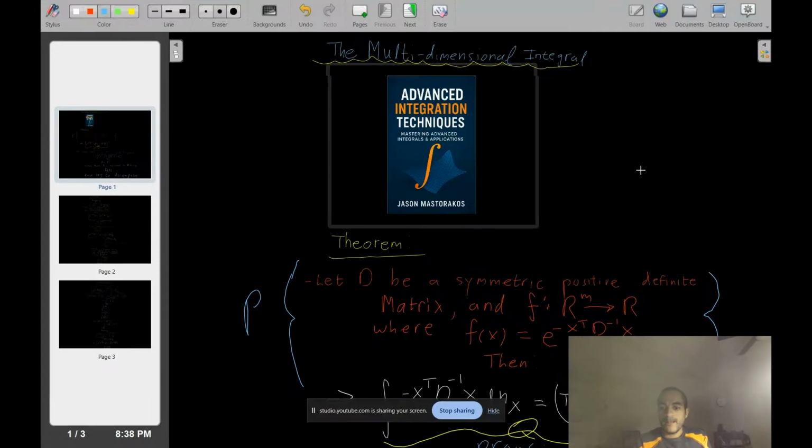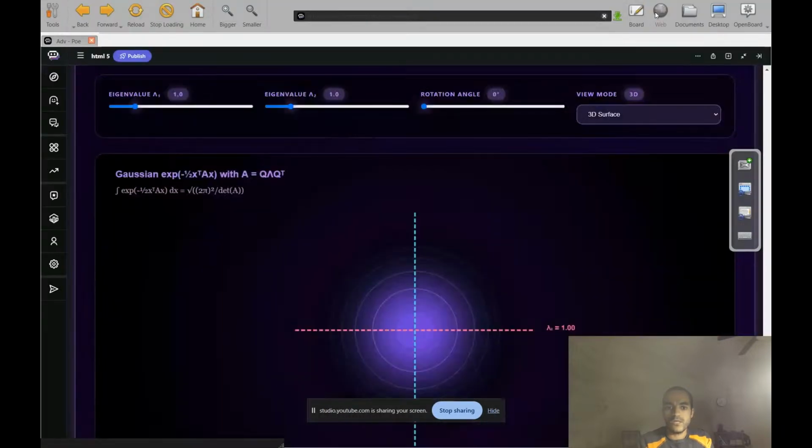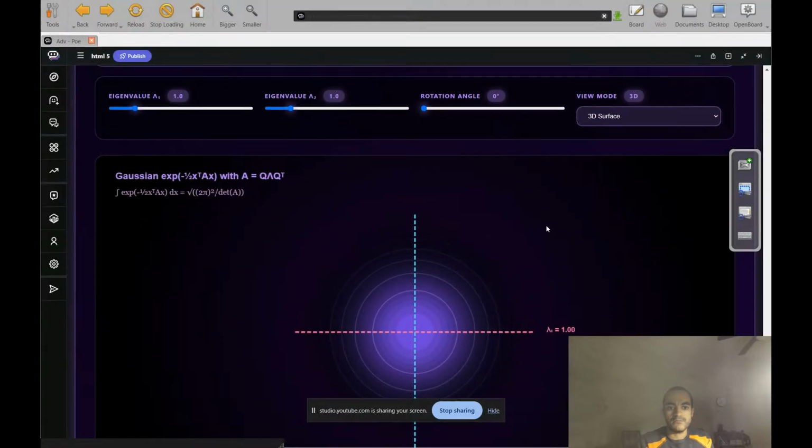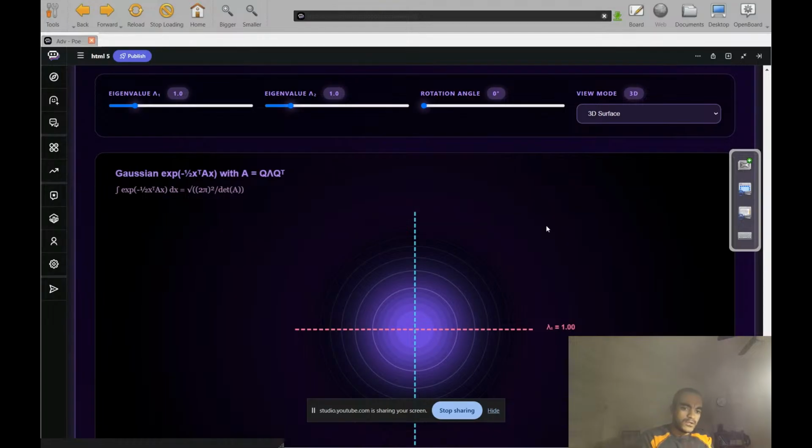Now, this will be handy for the proof, but I also want to show you a model of this as well. So let's go to the web. I already have it set up. Right here, what we have is a static simulation that I've created with the AI model.